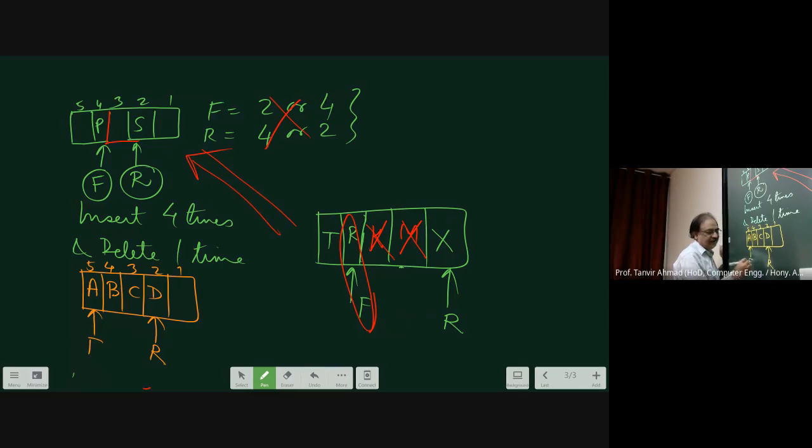Is it correct? No. Why? Because अभी बताया कि इसमें खाली नहीं हो सकता. It means that this is the only way. That means this has to be an R and R. अब ये ठीक है because you insert 5 times and deleted 1 time. That means R is at 2 and F is equal to 2 and R is equal to 5. Now this is fine. This can happen. Now let us try to do another one.